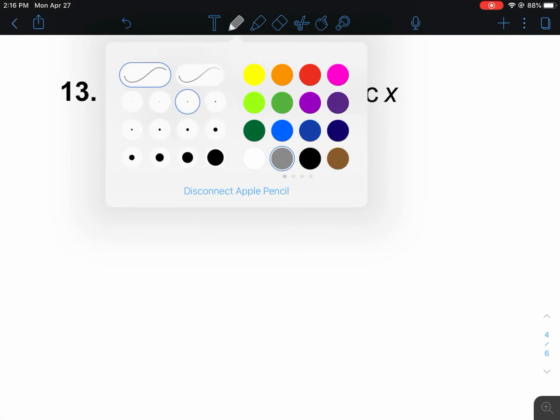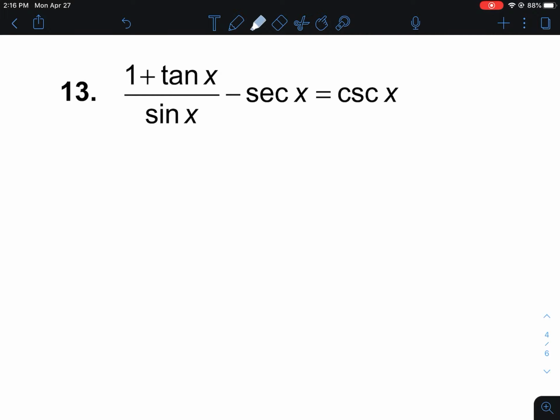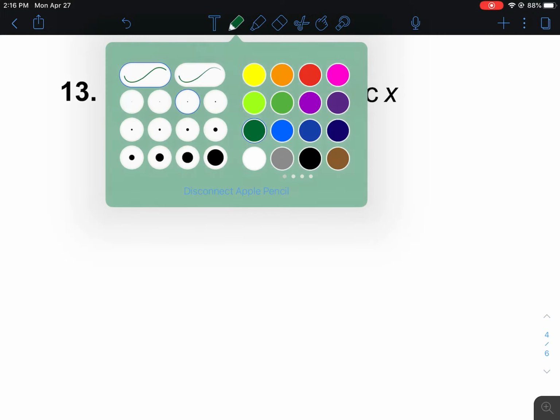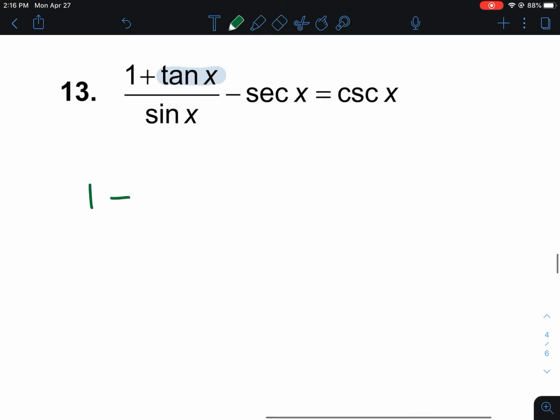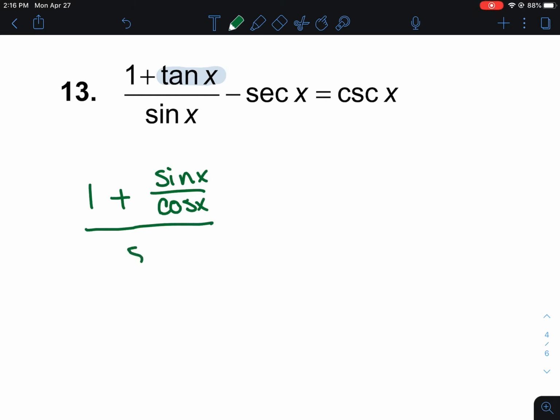I might just start looking at the fact that I have tangent here and I have sine on the bottom. So maybe if I write that in terms of sine and cosine, and if I'm writing things in terms of sine and cosine, then I might also do that with that secant.